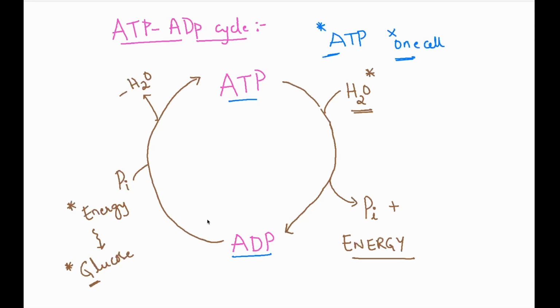Now, we know that glucose contains some chemical energy, and ATP also contains chemical energy. So these are the two important molecules that we know that can be broken down to release chemical energy. Okay. Now, although both of them contain energy, it's important to note that ATP contains much less energy than is available in glucose. Okay. This is a short overview of the ATP-ADP cycle that operates in the cells of the human body.